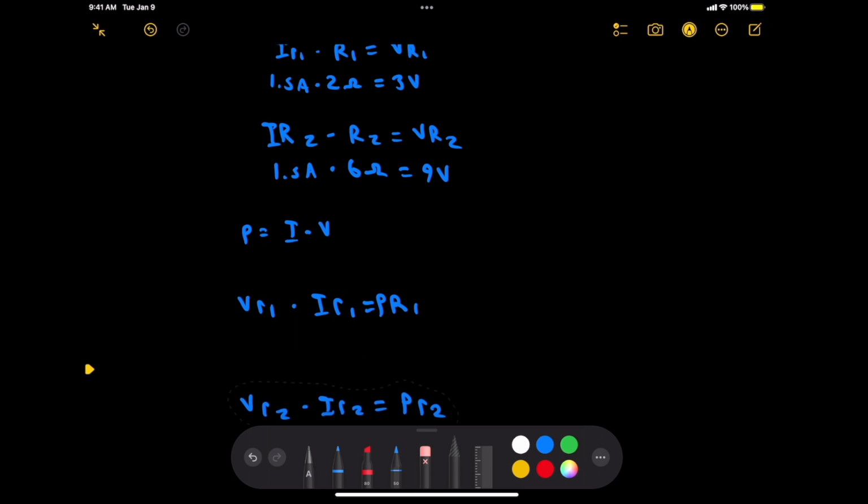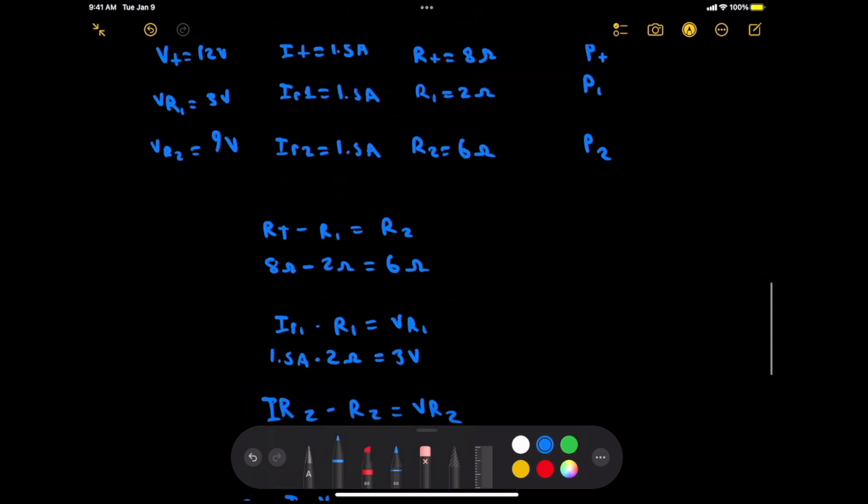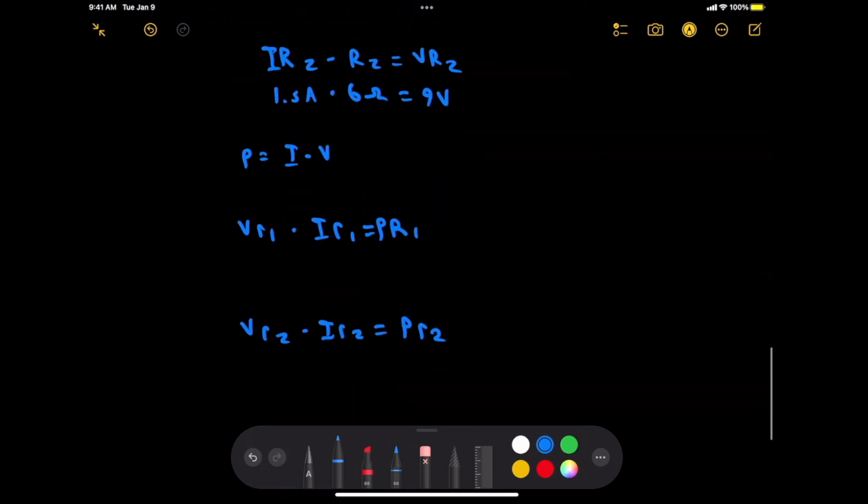All right. So we know it's 3 volts times 1.5 amps equals, let's just get the calculator out to make sure we're right. 3 times 1.5 equals 4.5 watts.